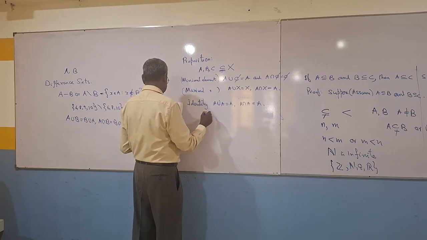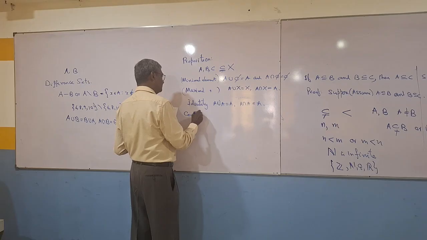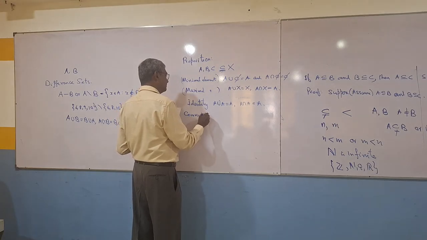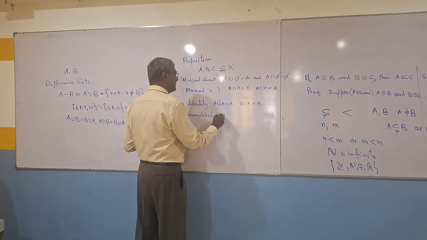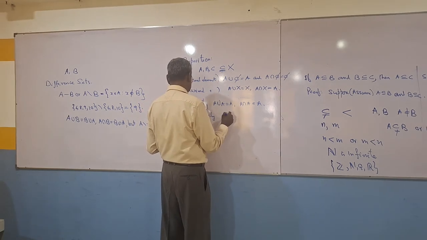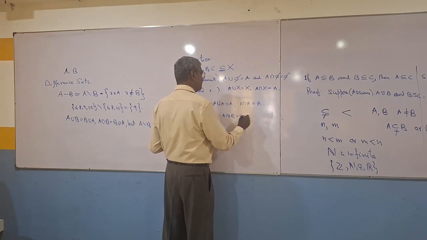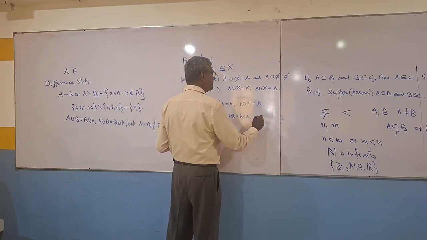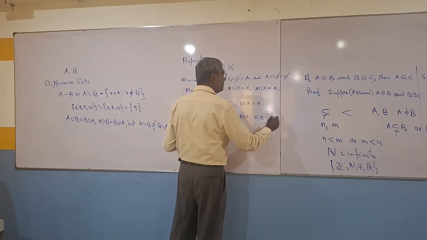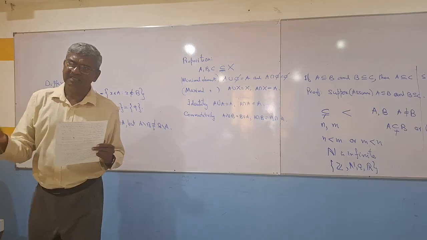Commutativity: A union B is equal to B union A, and A intersection B is equal to B intersection A. Though these are very easy, prove them, because then it gets you into the habit of writing proofs.